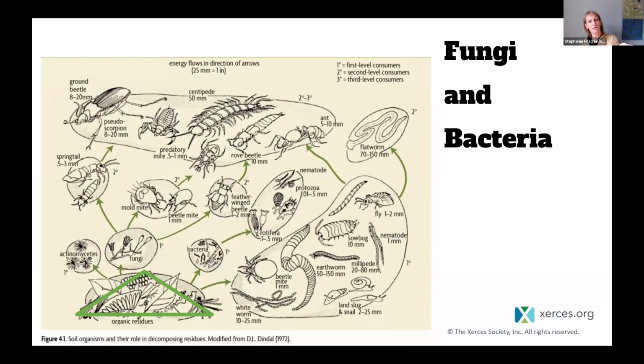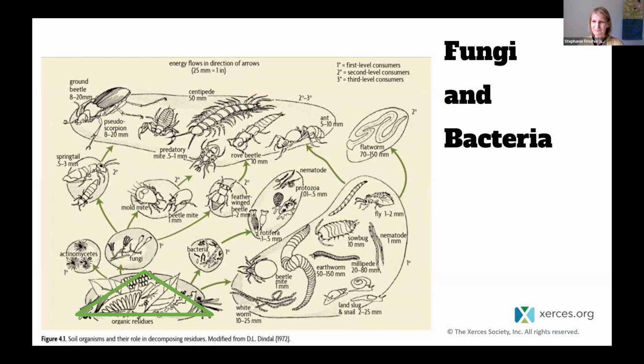And so we begin with the organic residues. These are the dead or living little pieces of plants or animals. I should mention plants are not represented in this food web.